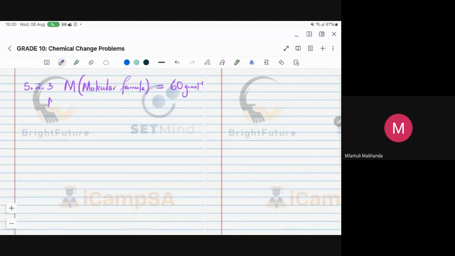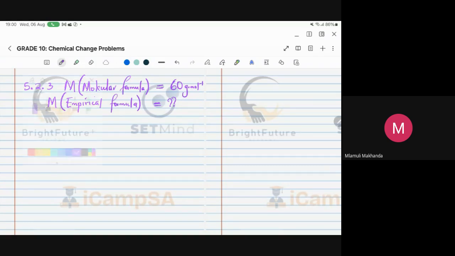But what is the molar mass of the empirical formula, the one we just found? We don't know it, so we have to find the molecular mass of the empirical formula.